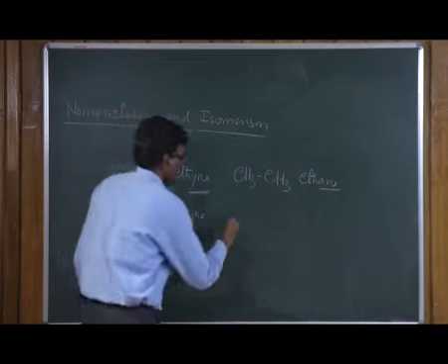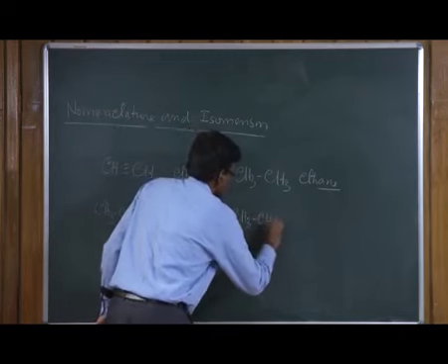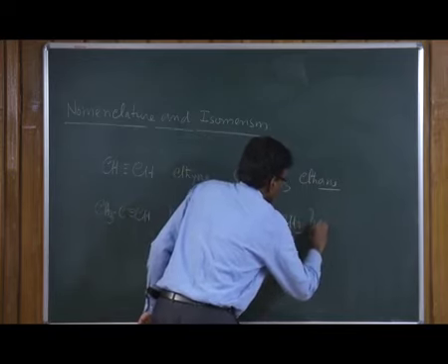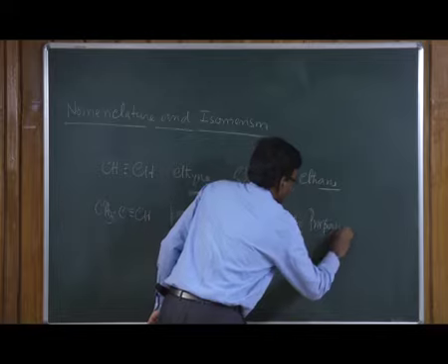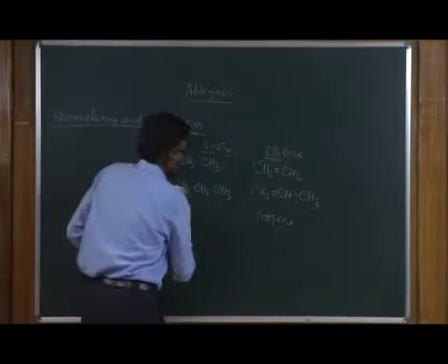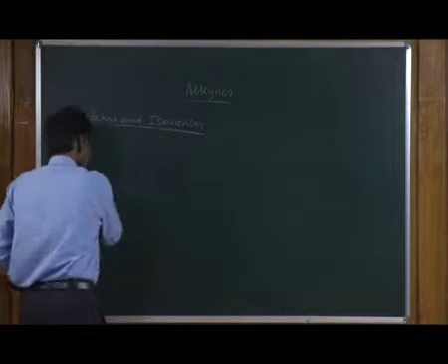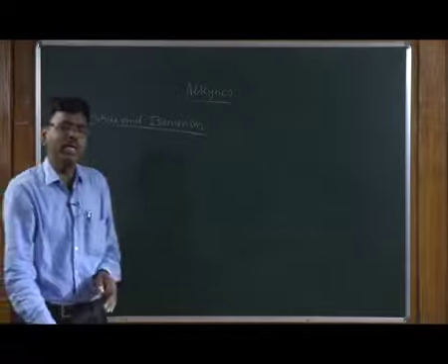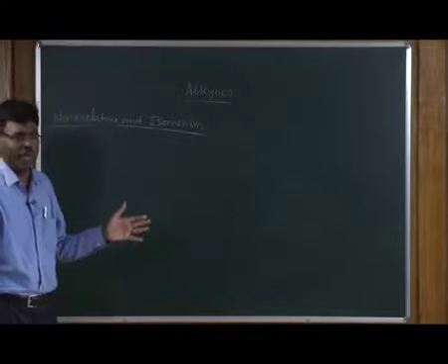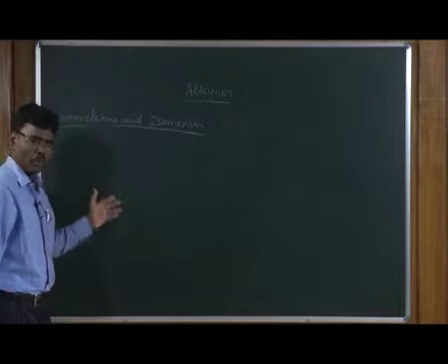The corresponding alkane is propane. So, the first two members of this series have only one structure: ethane, propane, ethene, propene, and ethyne, propyne.